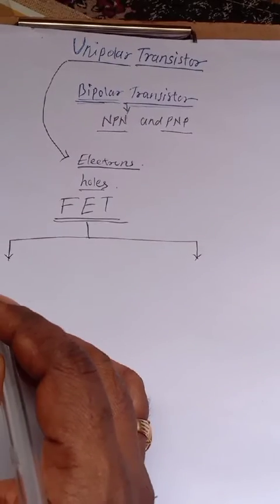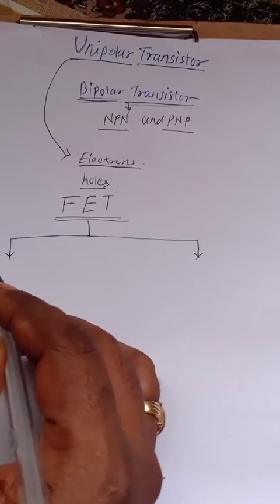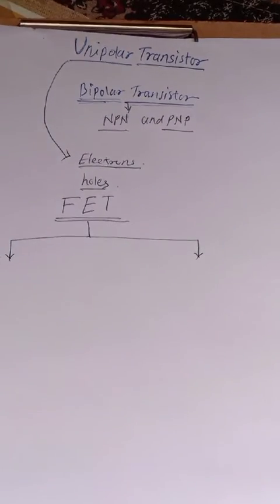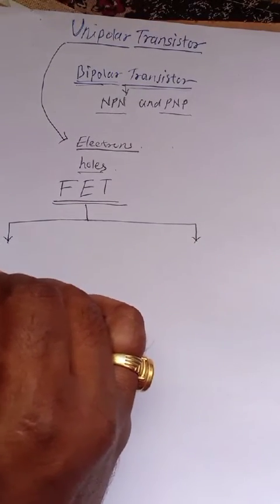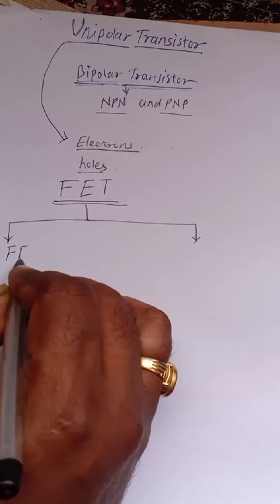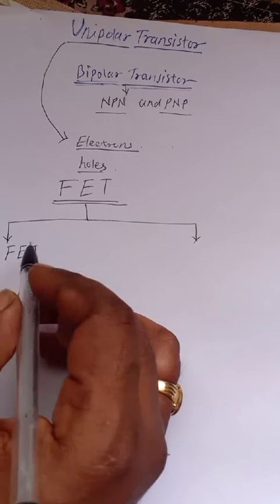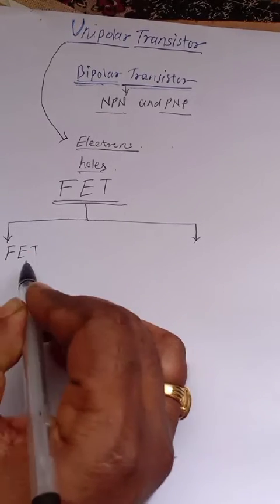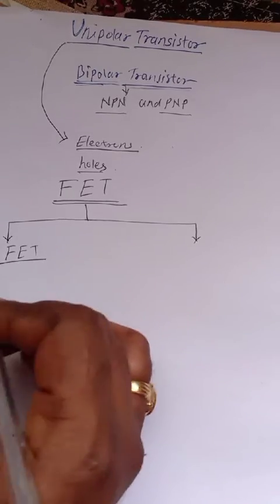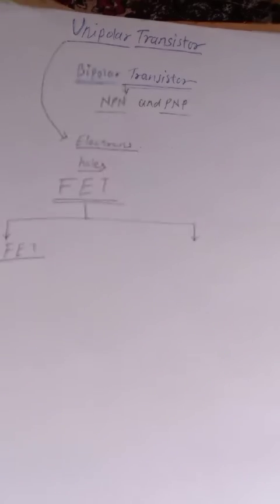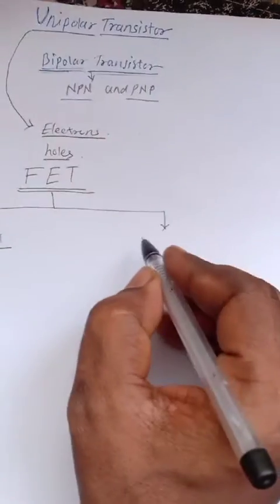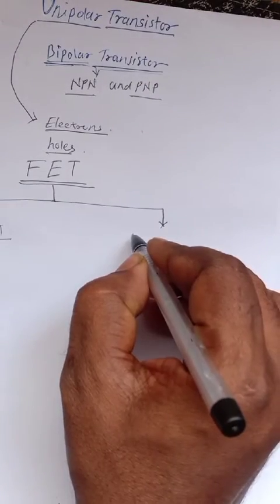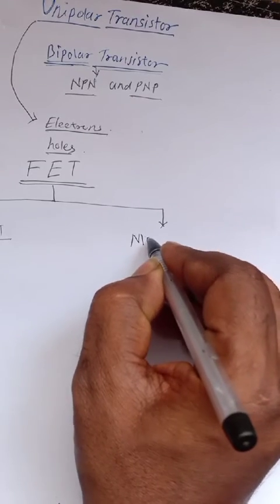The first one is the JFET, the junction field effect transistor. Another category is the MOSFET.